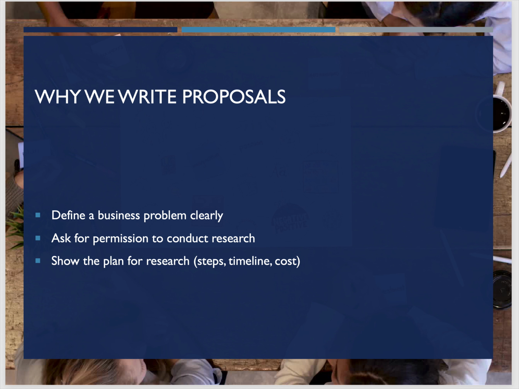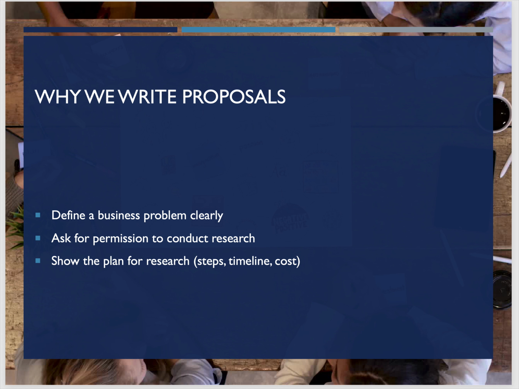What is the context, the background, of why we write proposals? The purpose of a business research proposal is to define a business problem clearly. I have given you a loose context to work from. I've given you a job assignment and the place that you work. Those details are in the Unit 2 assignment description.